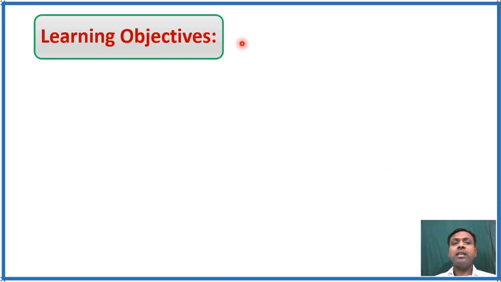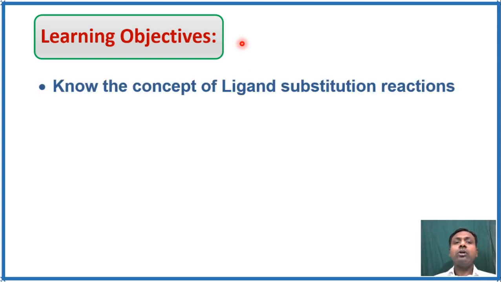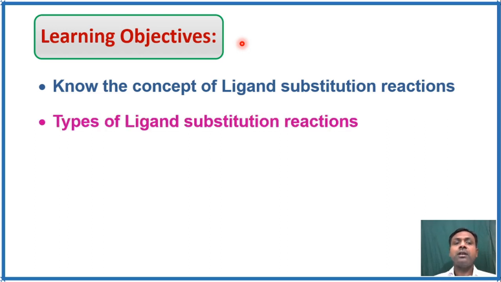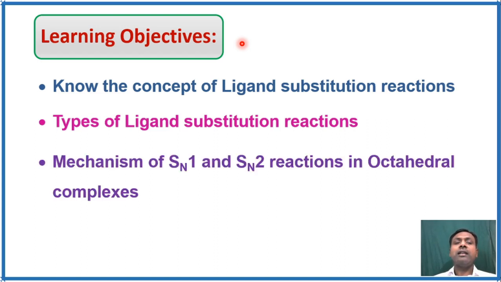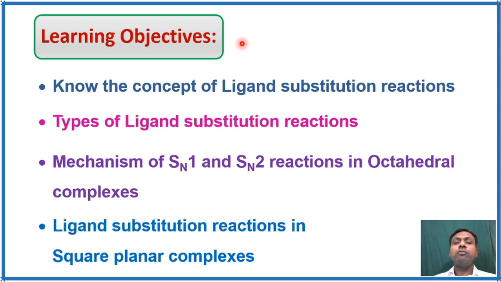First, the learning objectives of this topic are to know about the concept of ligand substitution reactions, types of ligand substitution reactions in metal complexes, the mechanism of SN1 and SN2 reactions in octahedral complexes, and also ligand substitution reactions in square planar complexes.